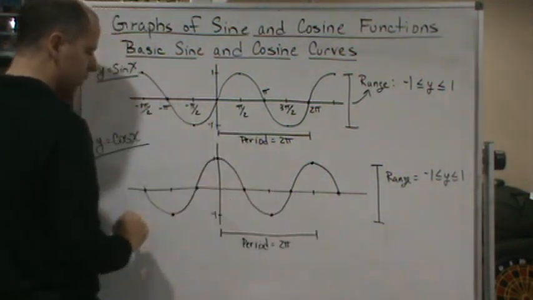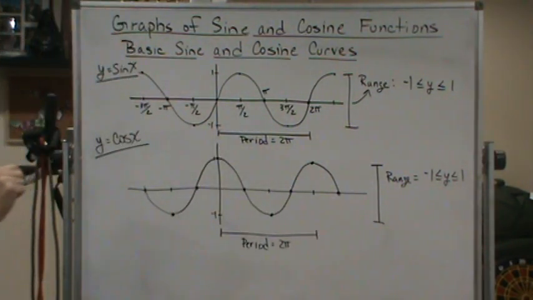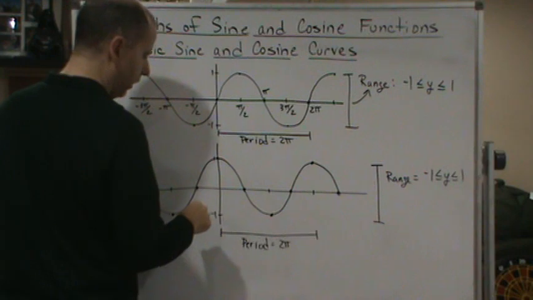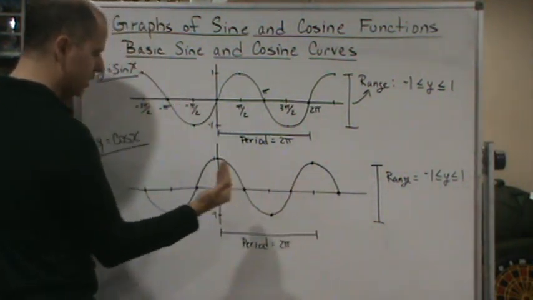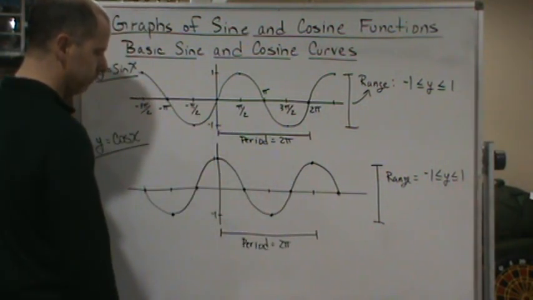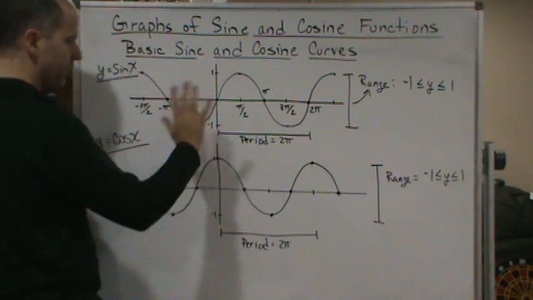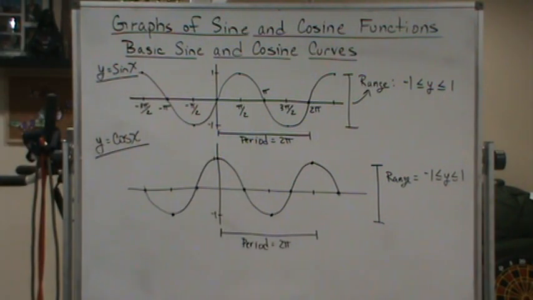Now the cosine function is symmetric with respect to the y-axis, because if you flip it across the y-axis, you get the exact same graph. So that's another aspect of the sine and cosine functions that you want to notice.